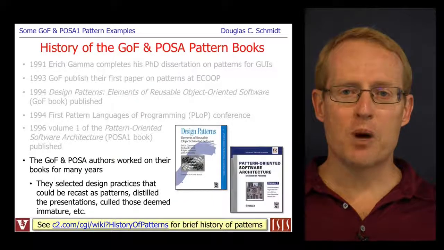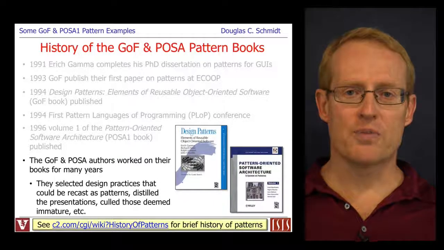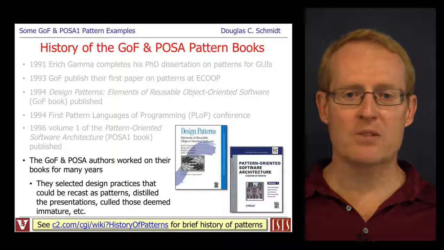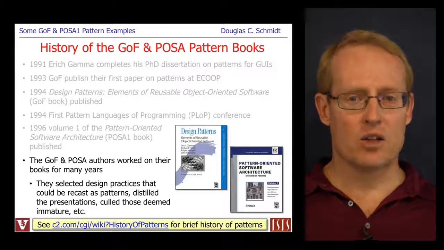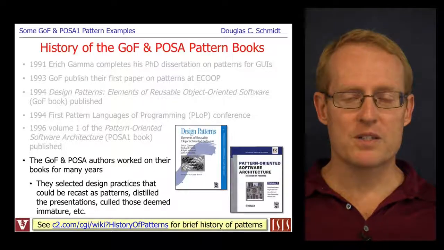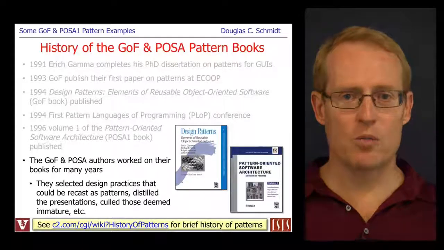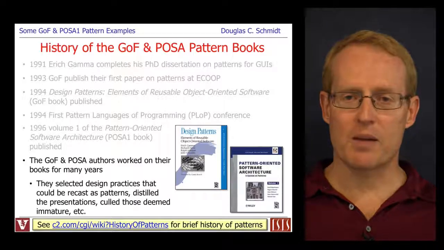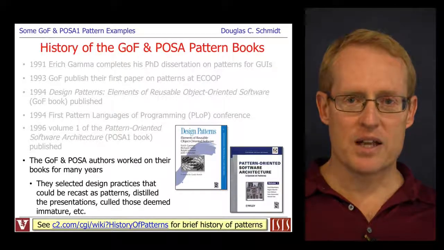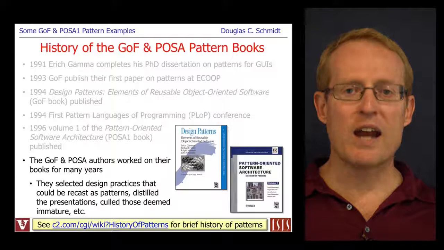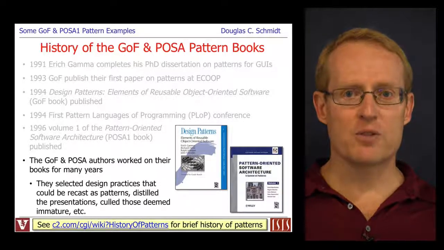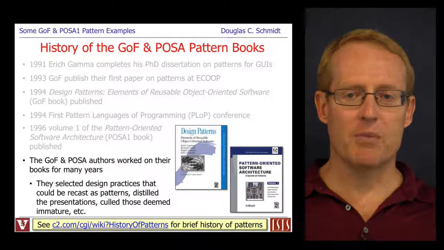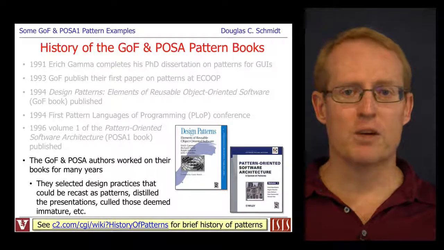The Gang of Four and POSA authors spent years selecting design practices from their experience that could be recast as patterns, distilling the presentations of those patterns, going to conferences like the PLOP conference, having their patterns reviewed in what's called a writer's workshop form, which we'll talk about later, which is actually something that has come from the poetry and writers community, where people will critique a document, giving the authors feedback on what they got from the document, things they liked, areas for improvement, and so on.